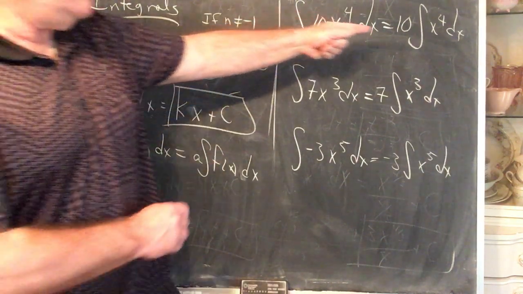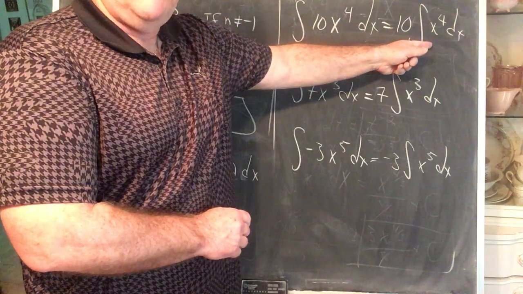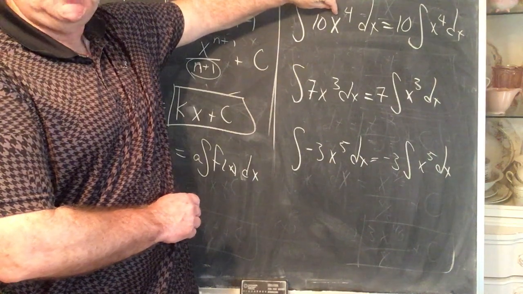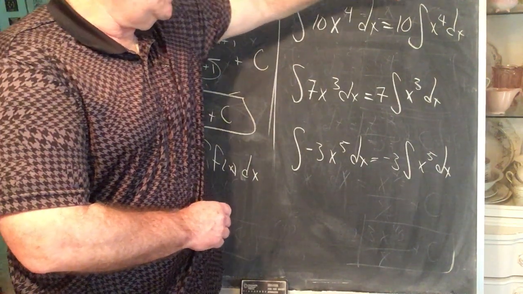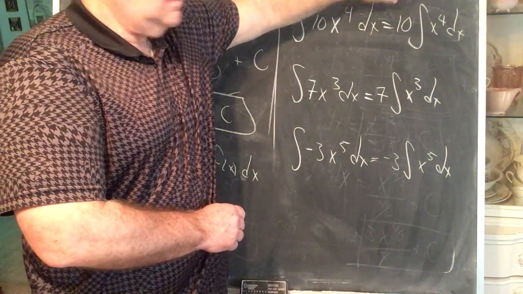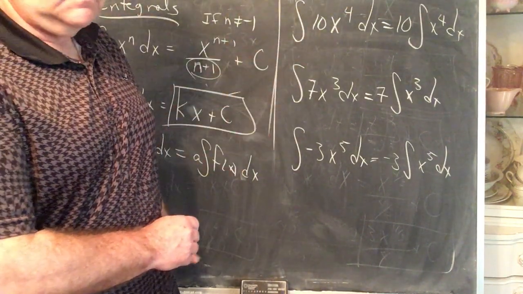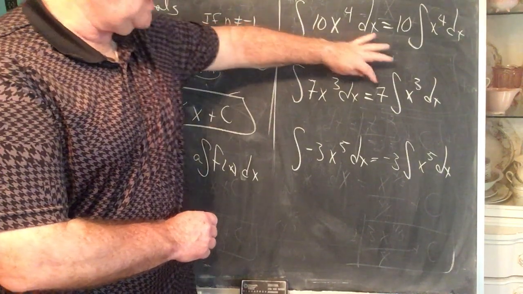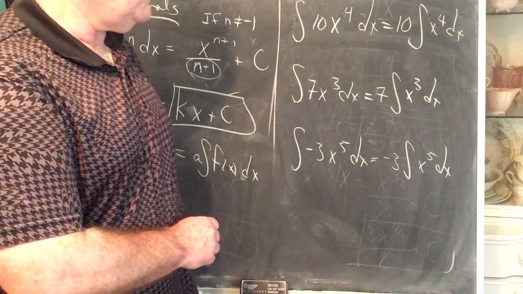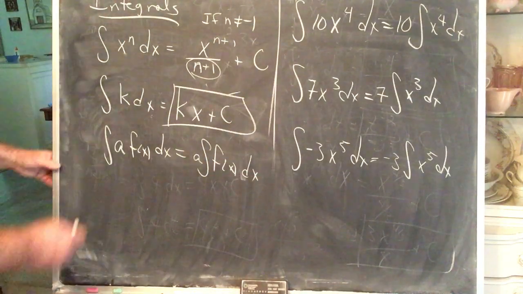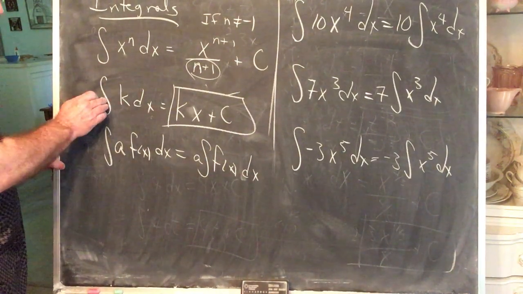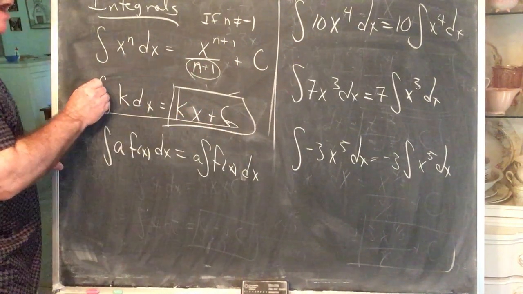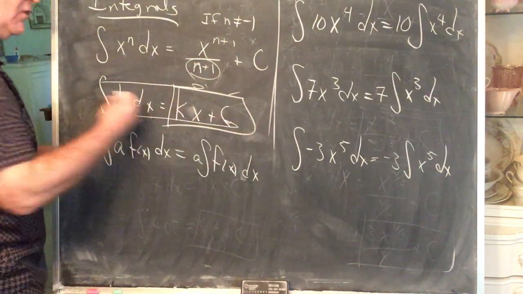Look what we have over here. We have not yet done the antiderivative here. All we're saying is the integral of constant times function is equal to constant times integral of function. This is the integral of constant times function. This is constant times the integral of function. So anytime one of these properties says integral is equal to, this is a property that says here's how you evaluate, this is the technique for evaluating.